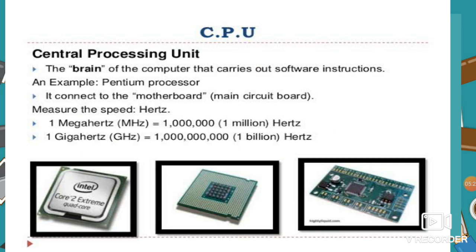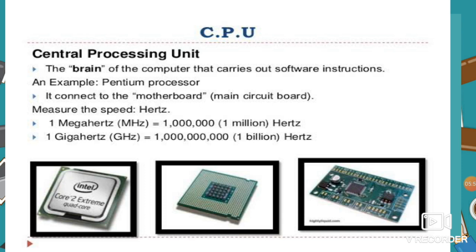So, the first internal hardware component is the central processing unit, commonly called CPU. We call it the brain of the computer, which carries out software instructions. In our common language, we call CPU the brain of the computer because all the processing part, all the thinking part is done by this part of the system.